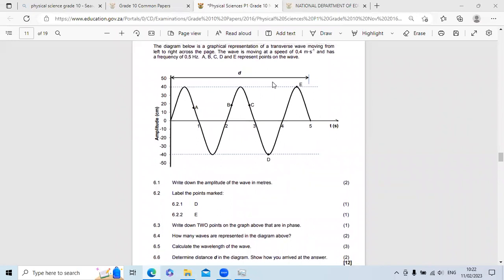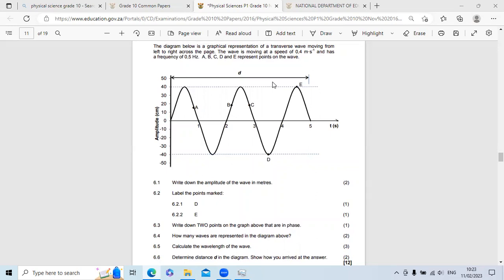So can you try to give us the amplitude in meters? You know, you're converting from centimeters to meters, millimeters to meters, to kilometers and all that stuff, right? Is it 0.4 meters?